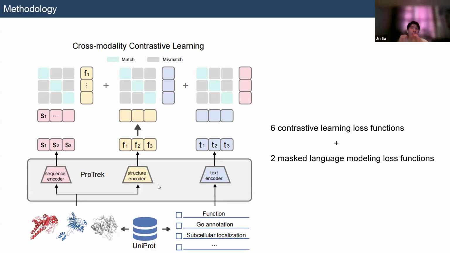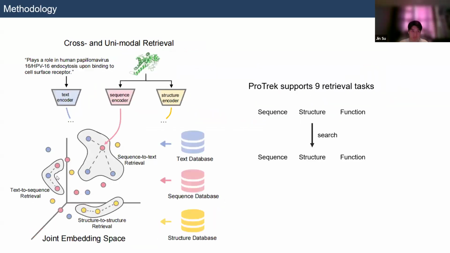So we mostly recommend you use the sequence encoder and text encoder for search. For example, you can input a protein sequence and find its nearest sequences, or given a desired function, you find that function's nearest proteins.